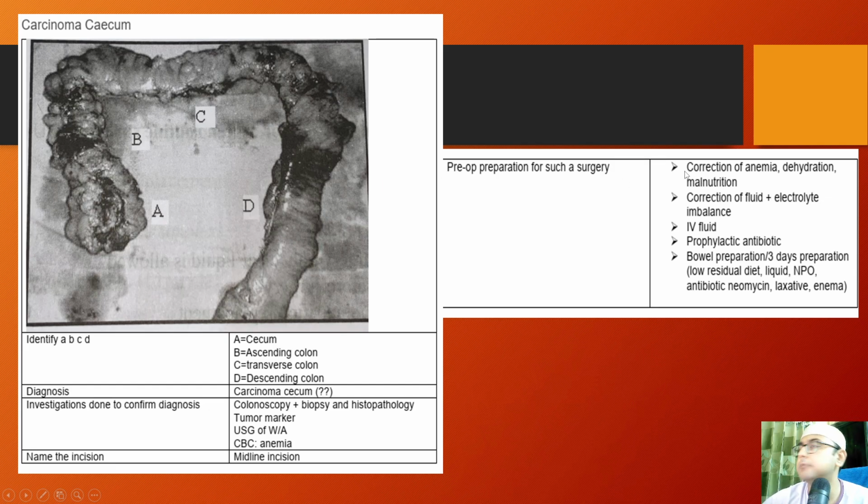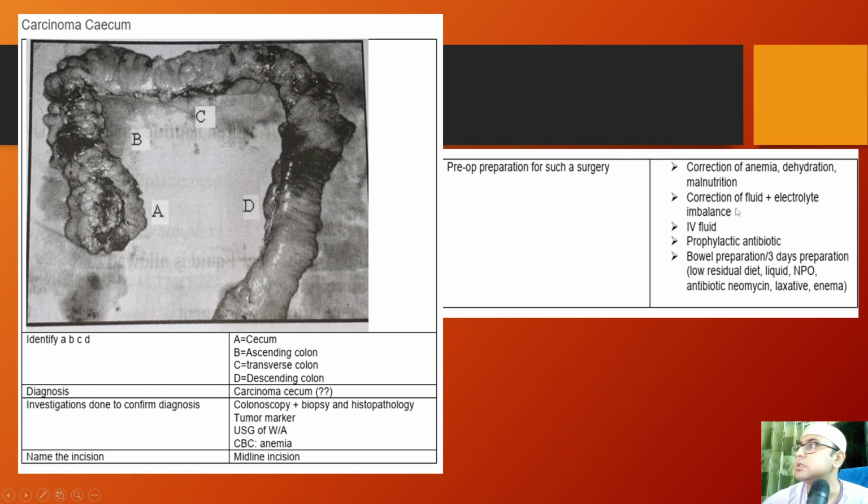So a multidisciplinary team approach, and you must discuss with the patient or counsel the patient about the treatment protocol, prognosis, and the outcome. And you must counsel about the chemotherapy and the cost of this treatment process, and the multidisciplinary team should be involved, and it is very important.